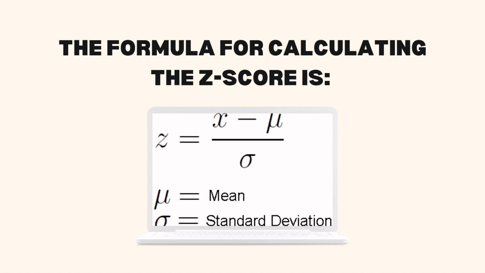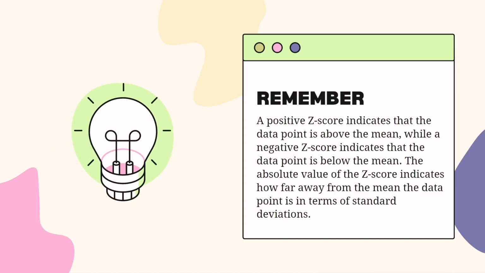Remember, a positive z-score indicates that the data point is above the mean, while a negative z-score indicates that the data point is below the mean. The absolute value of the z-score indicates how far away from the mean the data point is in terms of standard deviations.